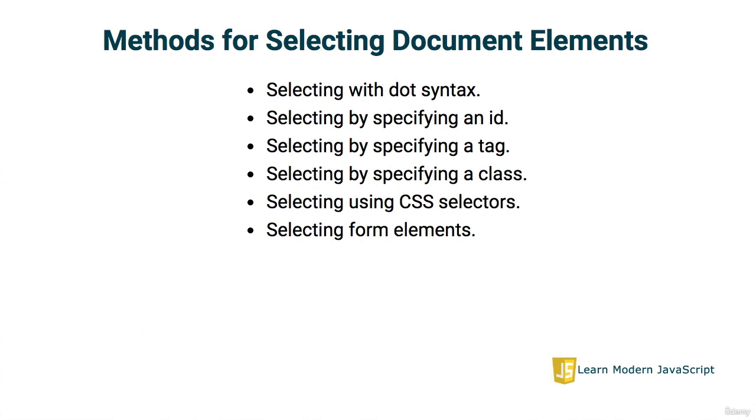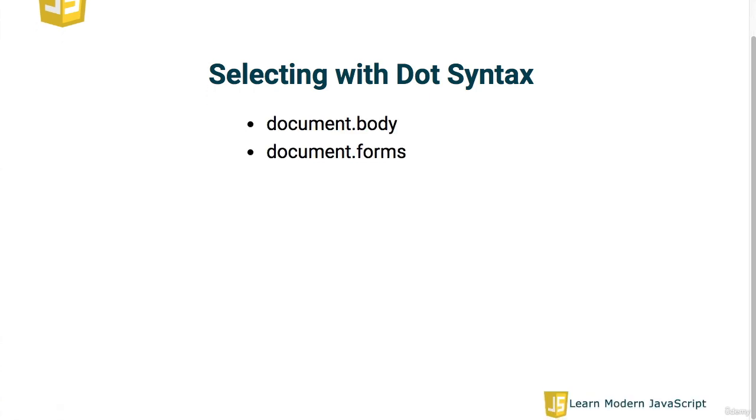All right, let's look at the possibilities for selecting elements with dot syntax. There are 4 possible ways to select elements with dot syntax. Document.body, that's what you type in, returns the body tag.